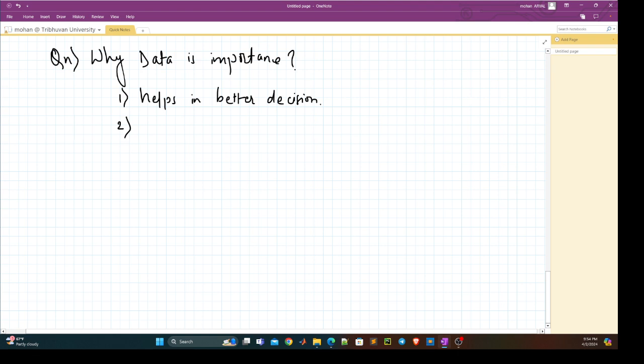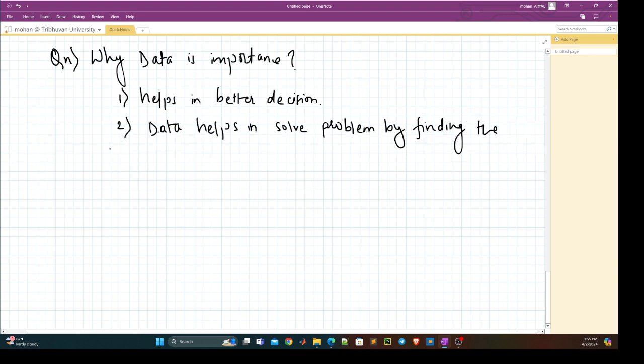And the second reason is data helps solve problems by finding the reason of underperformance.